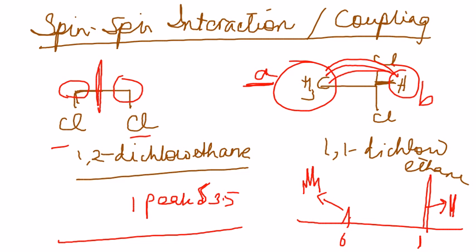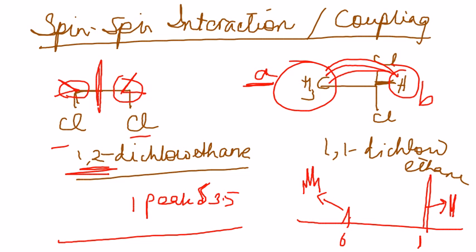The rule of thumb here is that if you have identical environments, such as what you saw in case of 1,2-dichloroethane, it was exactly the same environment, they're not going to split each other. And the reason for that is because their splittings are going to overlap. They are going to fall right on top of each other. So these are considered non-splitting in nature.